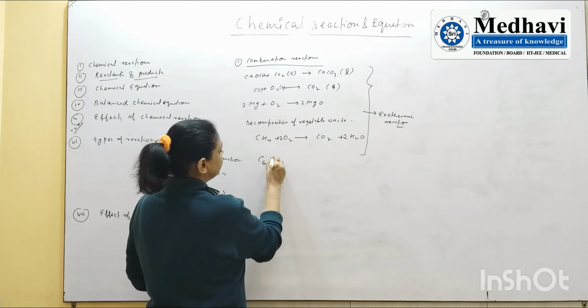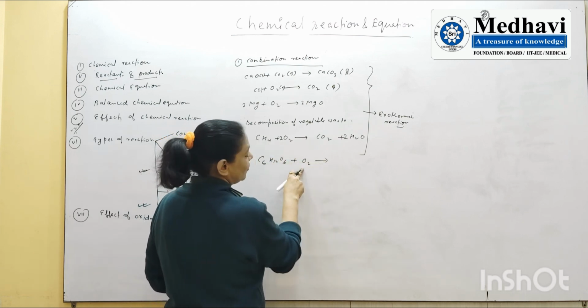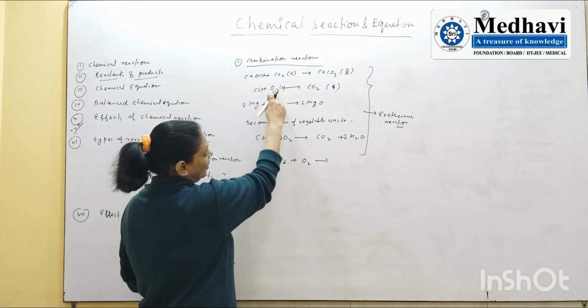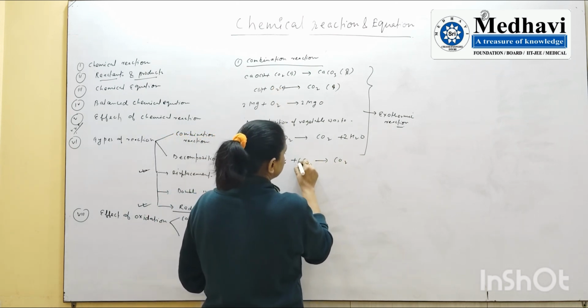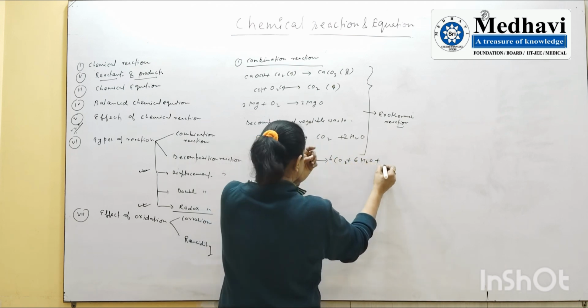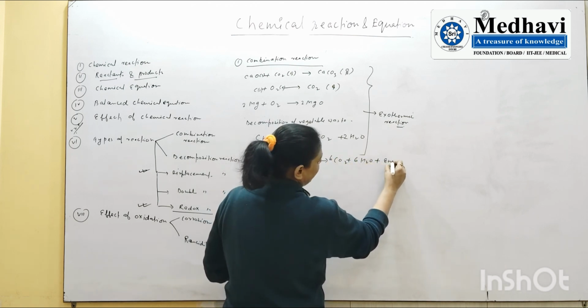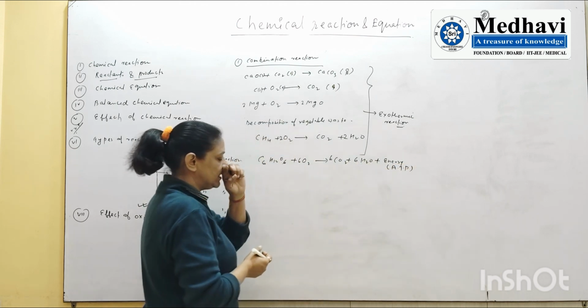That glucose is C6H12O6. It reacts with oxygen. Here oxygen is the burning. In all these examples, burning is going on. It gives 6CO2 plus 6H2O, and ATP, energy in the form of ATP. Adenosine triphosphate, you will study in higher classes. What is ATP?